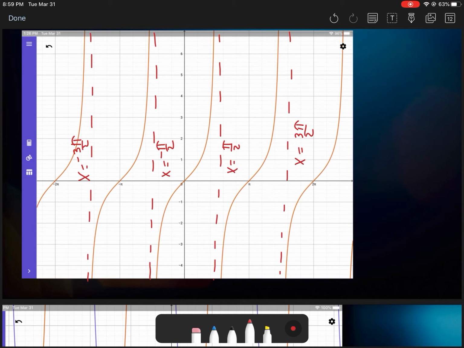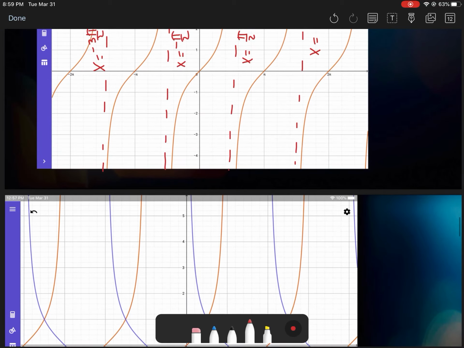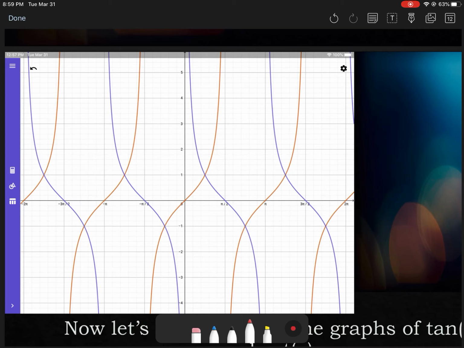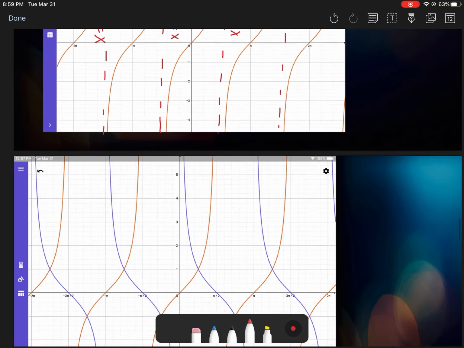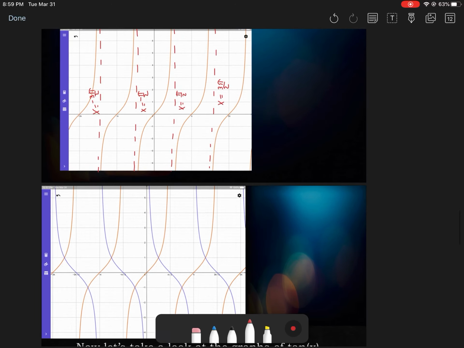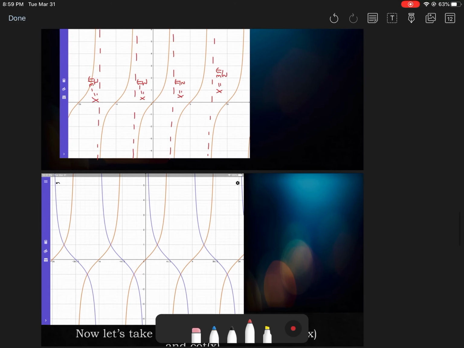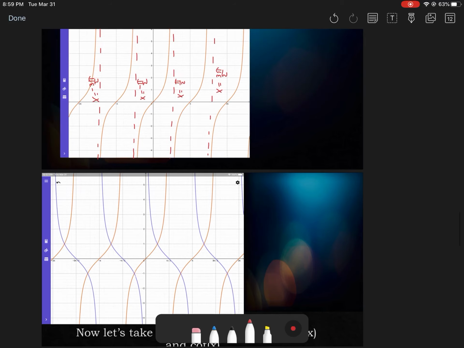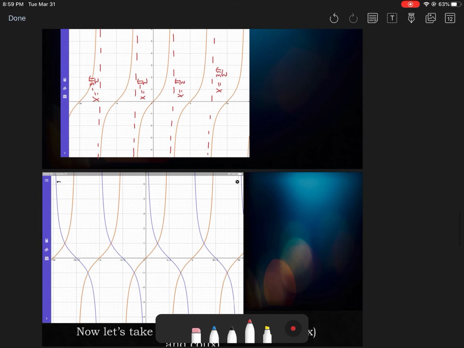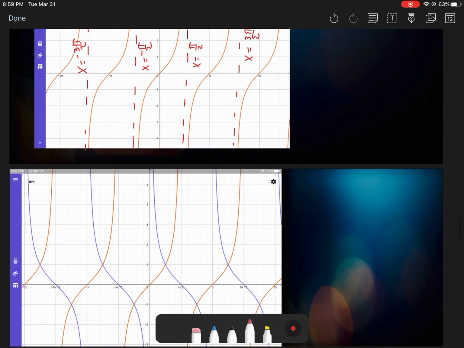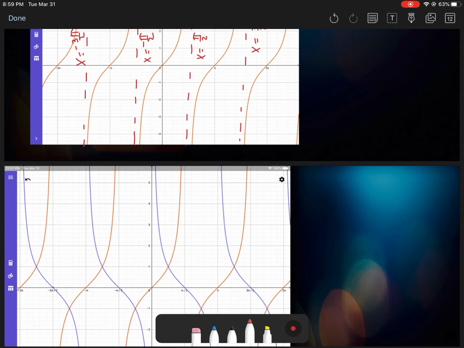Okay, so now looking at the reciprocal, it's the same graph, just it looks like it's going the other way. Okay, it's reversed. This time, notice that the cotangent is actually intersecting the tangent asymptotes, in this case negative 3 pi over 2, negative pi over 2, and 3 pi over 2.